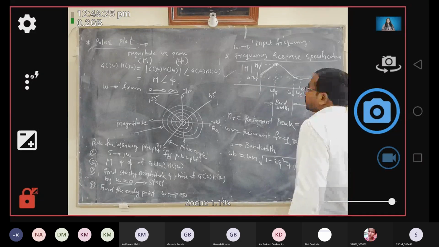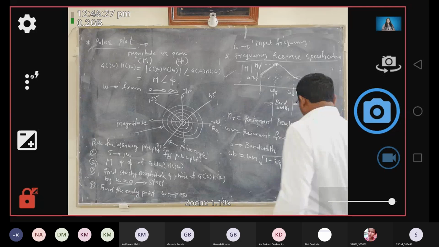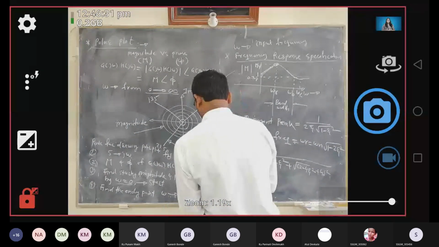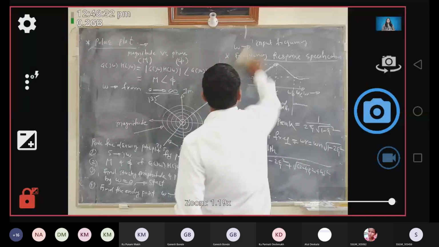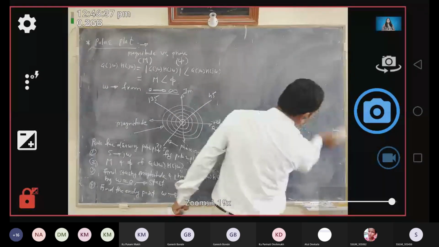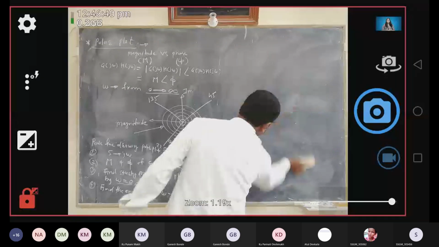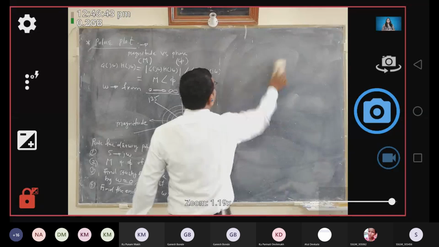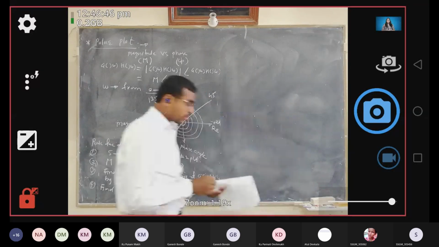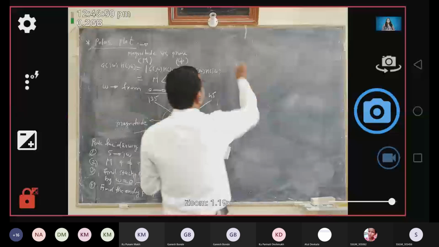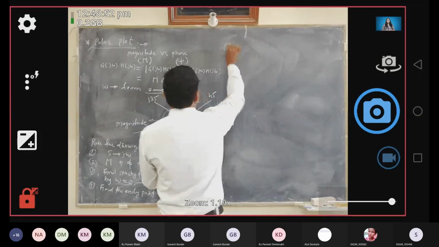So take down one example. I can tell you the shortcut to identify the starting point and ending point of your polar plot. A rough sketch you will get. Sometimes such a question may be asked in the GATE examination also.